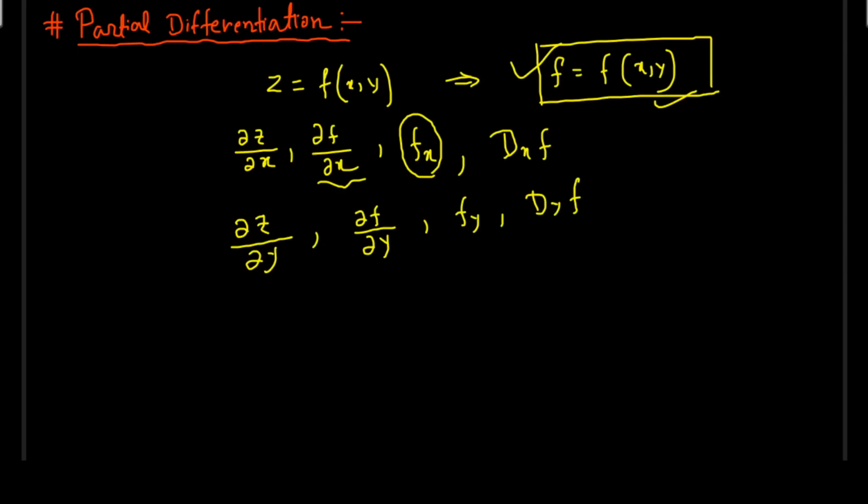And we can write the definition also, as we have written the definition in the case of a single variable function. It is the same formula, only the notations are changed, but the definition will be the same.